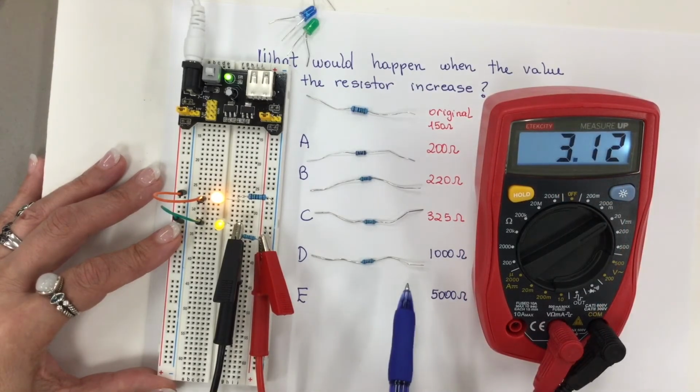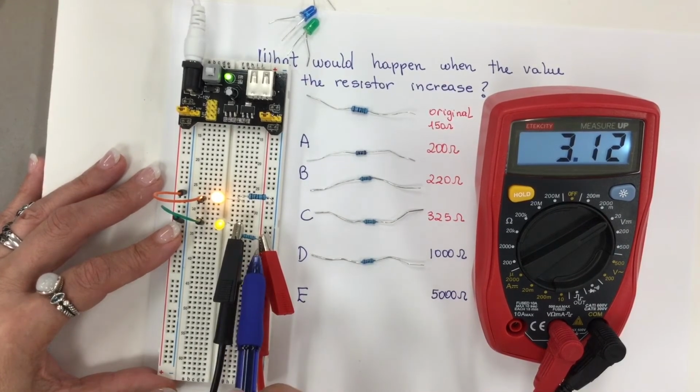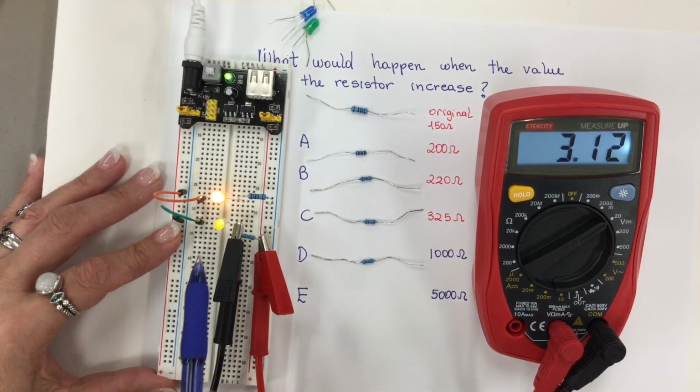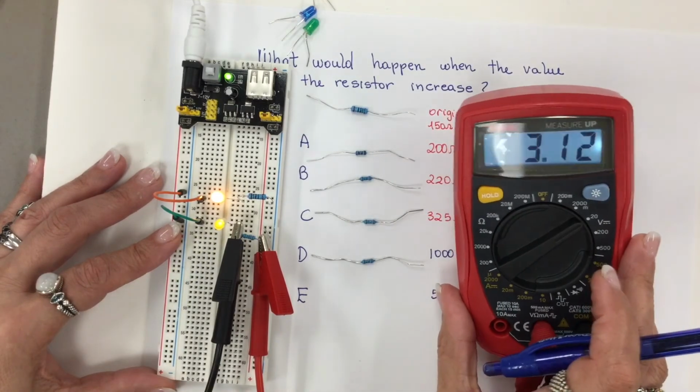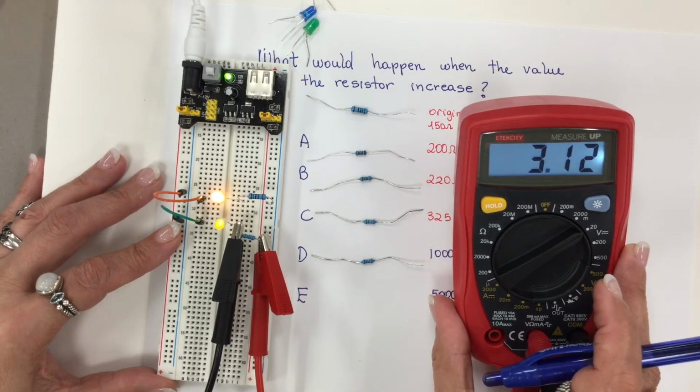Then when I changed to 1000 ohms and jumped to 5000 ohms, which is the one that is installed right now, then I can observe that the LED became dimmer and the voltage across the resistor has increased.